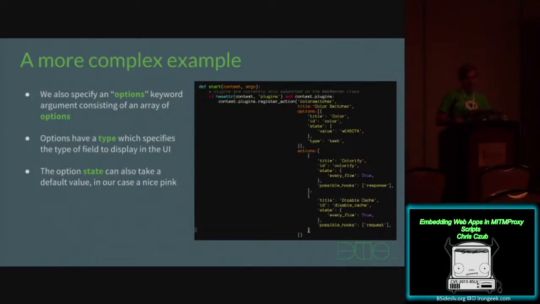We also specify our options keyword argument here. And in that, we specify that we have one text option called color, and we specify a default value for it. You can specify different types. They can be drop-downs or text or checkboxes, etc. And you can also take a default value.